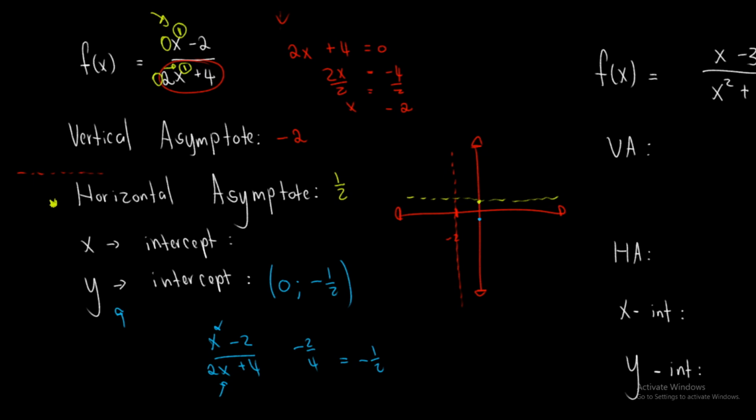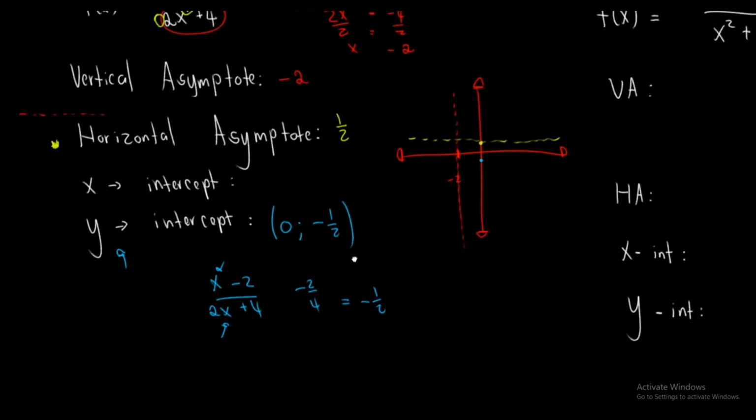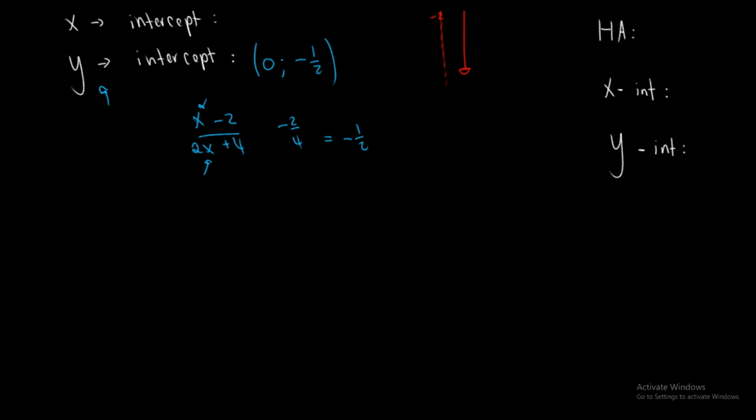Well, to find an x-intercept, I need to set my y equal to 0. Remember, f of x is just a reference to y. So let's say I have y is equal to x minus 2 over 2x plus 4. I'm going to set this equal to 0 to find my x-intercept.